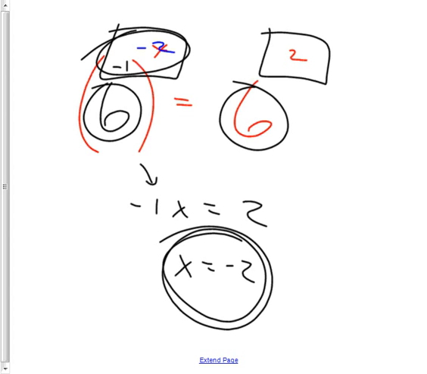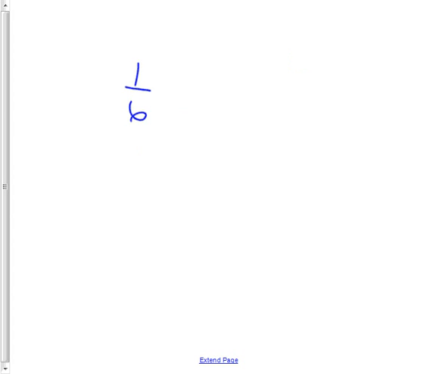If I stick the negative 2 right there back into the original problem, just to clarify, 1/6 to the x is equal to 6 squared, and we put in the answer of negative 2.